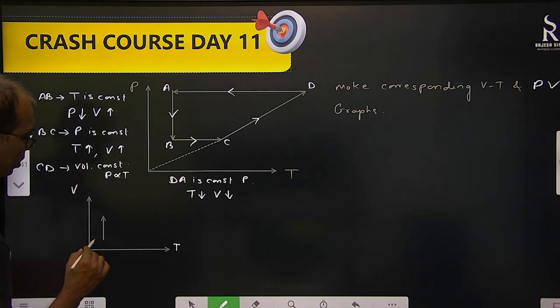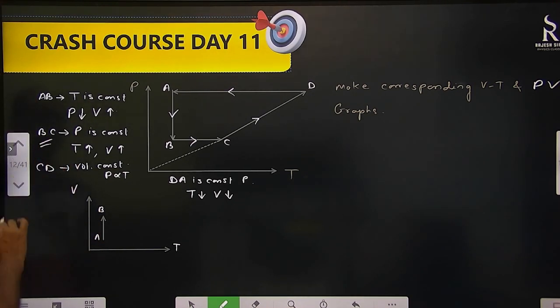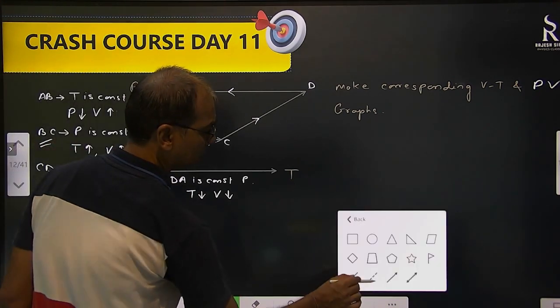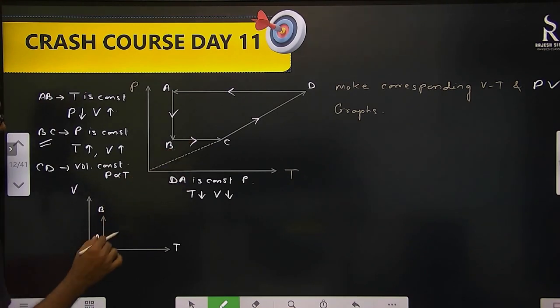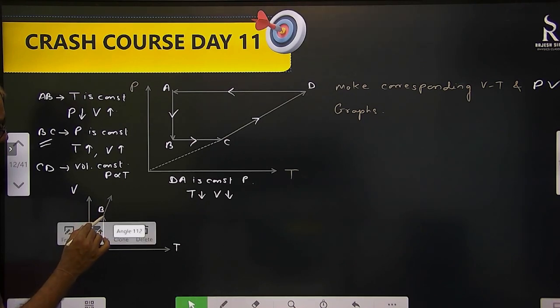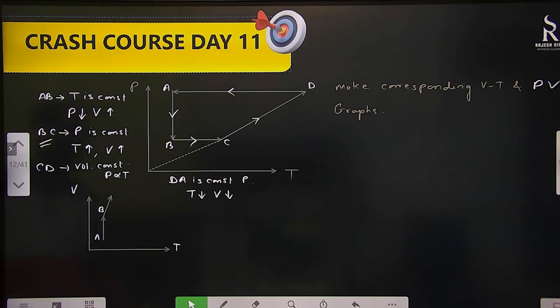Then the second process BC. It says pressure constant. T and V both are increasing. Pressure constant means it should look like it's coming from the origin, just like this one. So we make it like this. Okay, something like this. So this is your BC.